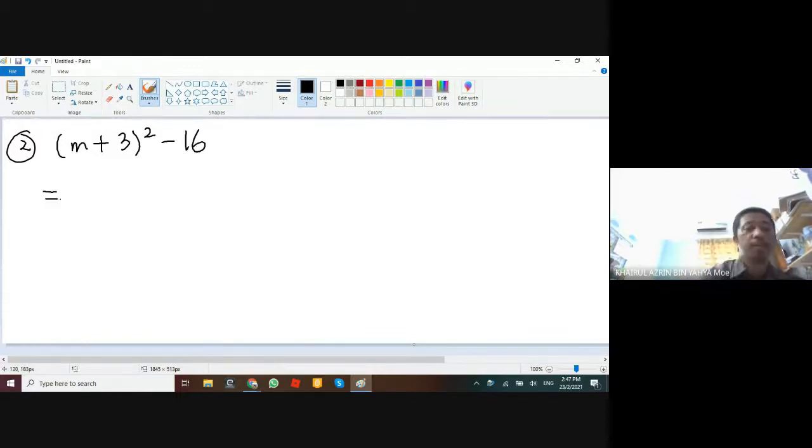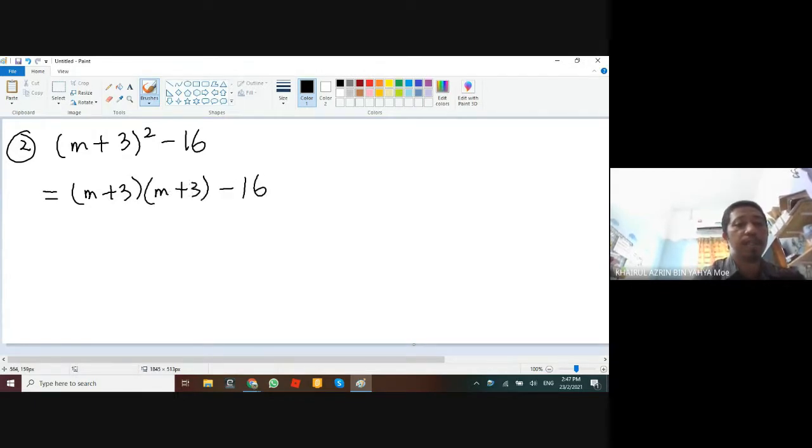So we expand the (m plus 3) squared. We write 2 brackets here: (m plus 3)(m plus 3). Minus 16. Don't forget to write.